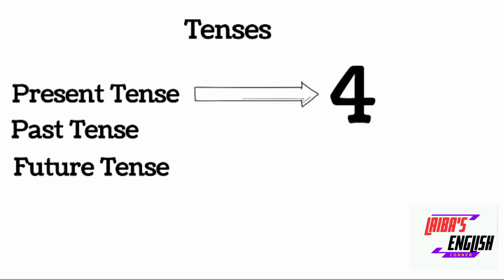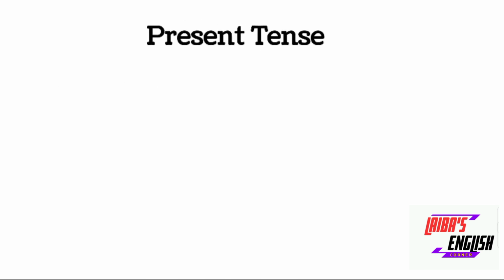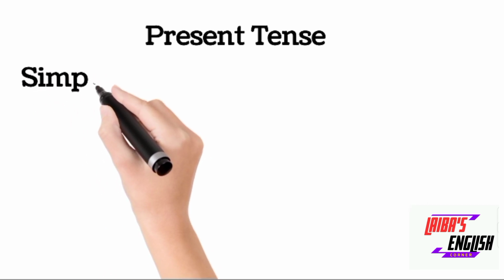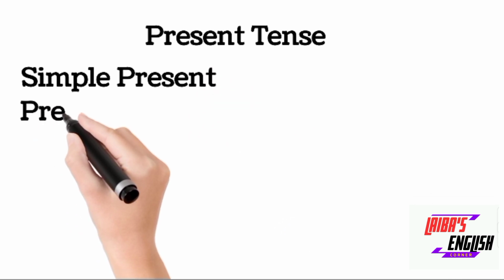Every tense is further divided into four types, and in today's video, we are going to discuss present tense and its four types. The division of all the tenses is the same.